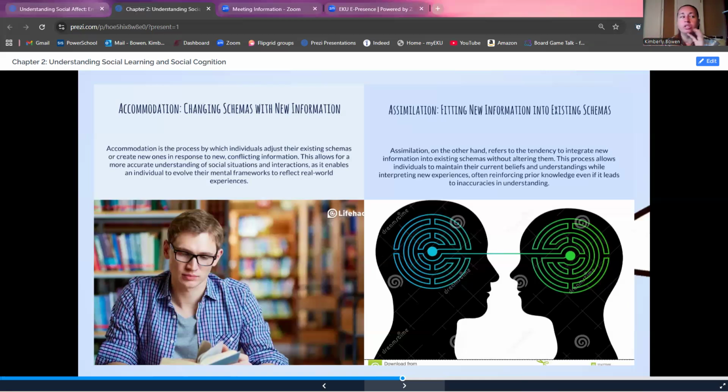And sometimes we choose the path of least resistance, or we try to assimilate that new information into this idea we already have, whether it's right or wrong. And we can see that fairly commonly in, say, cultural differences, right? So there's a lot of stereotyping that is done.